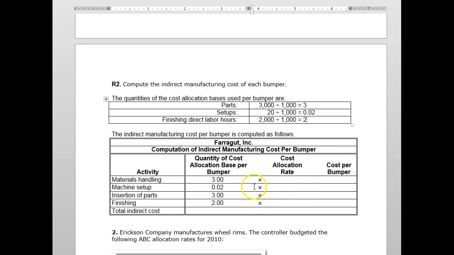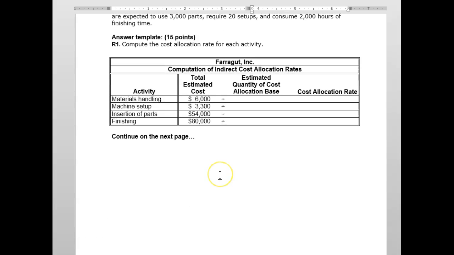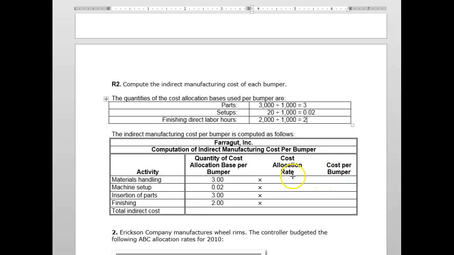Now, how much is this bumper going to cost us? Material handling, I think we came up with $2 there, so our allocation rate is $2. Our machine setup is 0.02 at the setup rate. The insertion point was $18 on the allocation table above, so that becomes $54 here.